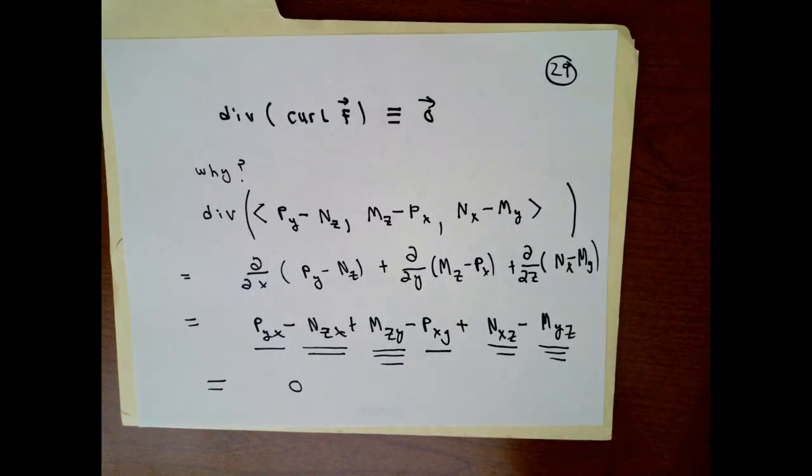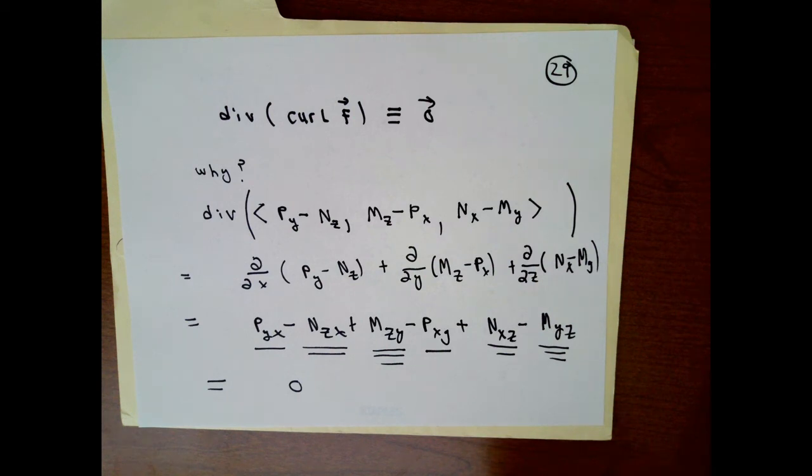I want to mention one other fact, and then since this is getting very lengthy, I'm going to call it quits for the day. If you give me a vector field, its curl may or may not be 0 every place. It depends on whether or not the vector field f is conservative or not.